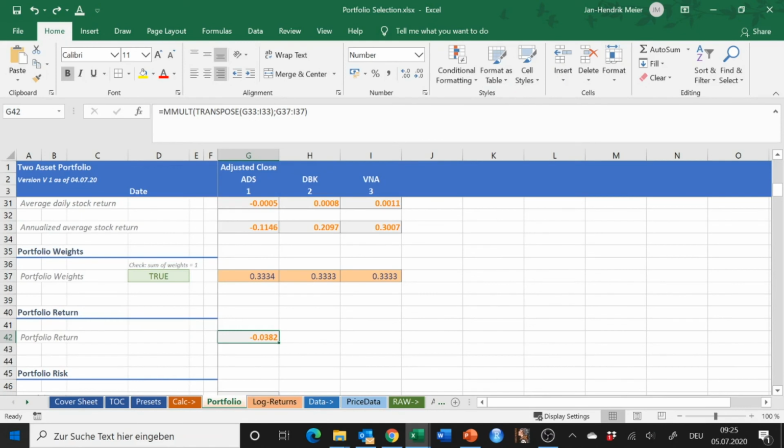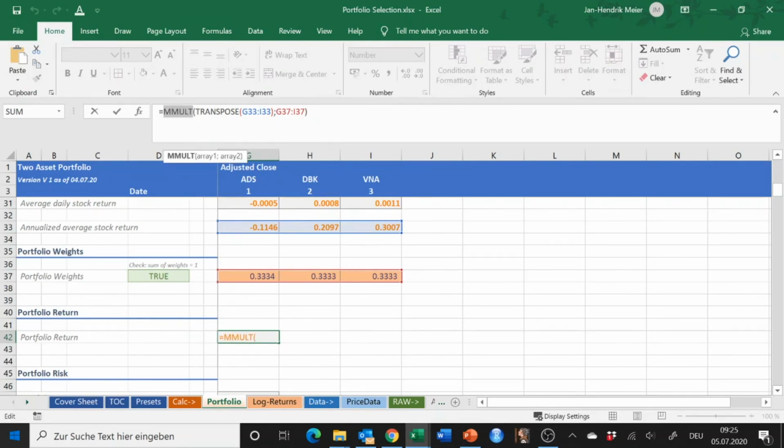And here's the portfolio return. So I just multiply those two vectors, and vector multiplication is done with the MMULT command here in Excel. So I have to give two arrays again, and they will be multiplied just by calculating the cross product. So of course I have to transpose one of them. I took the first one and multiplied by the other.